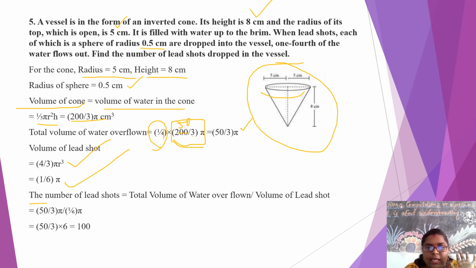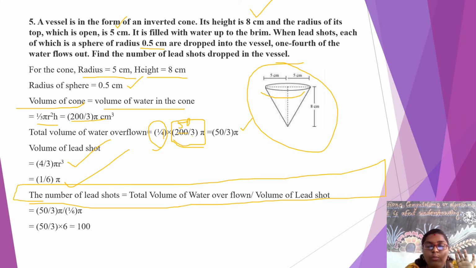Clear? See, how will you find the volume of the water that came out? After putting the stones, the water is coming out, isn't it? So the total volume of the water overflow divided by the volume of the lead shot. We know that 50 by 3 pi is the water flown out.